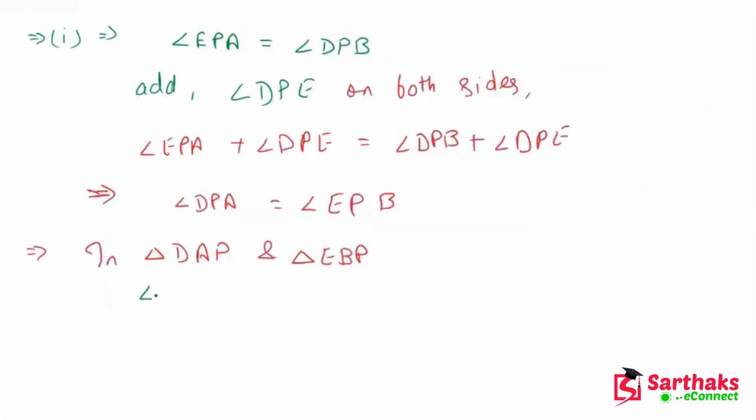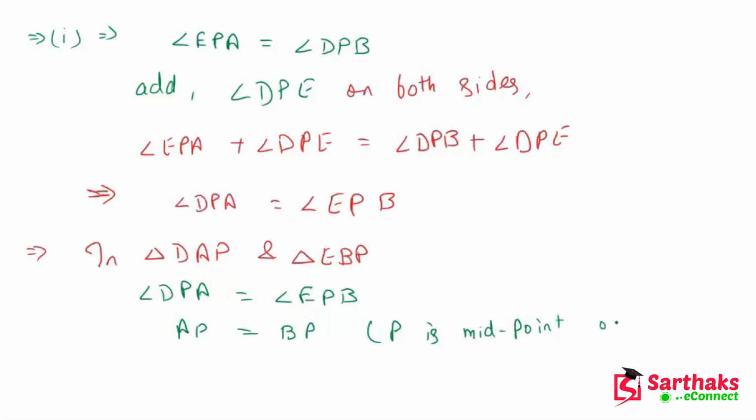So let's write these conditions here. Angle DPA equals angle EPB from the above condition. We know that AP equals BP, because P is the midpoint of line segment AB. And angle BAD equals angle ABE, which is given.